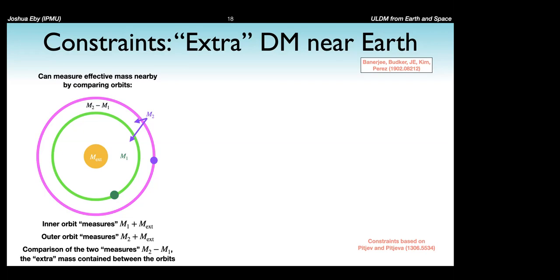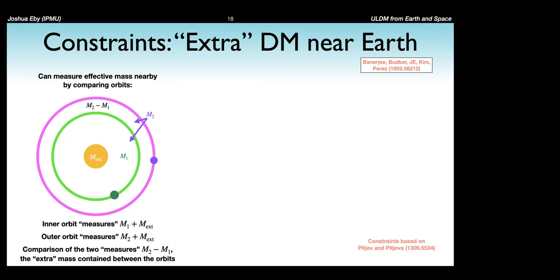One helpful way to think about this is that you can compare the orbits of two different planets. If you look at any one planet, up to a certain amount of additional mass, you could assume that a 1 part in 10 to the 5 fraction of the sun's mass wasn't really the sun, but was really dark matter, and then the prediction of the perihelion precession of the inner orbit would not be changed.